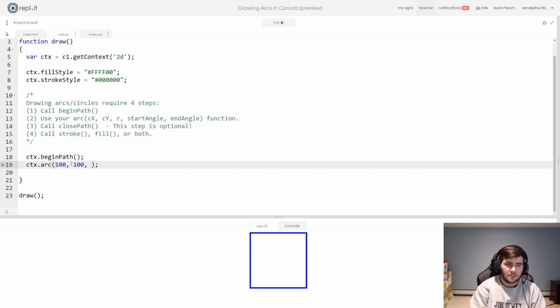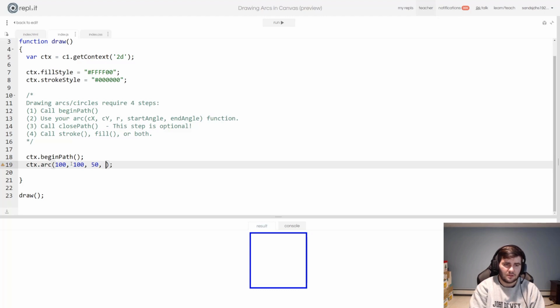All right, I want to make this a decent sized arc. Let's give it a radius of 50 units. And then what I'm going to do is I'm going to put in a couple of radian values, and we're going to be talking about that as well.